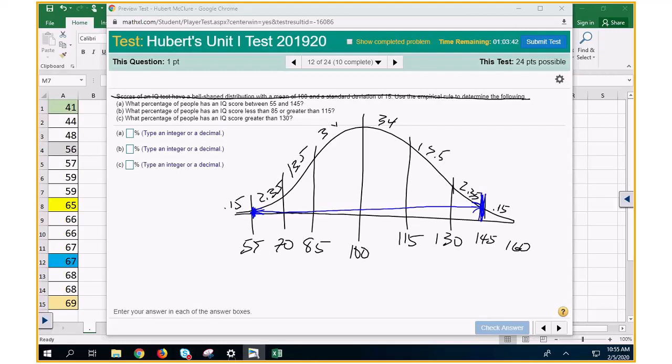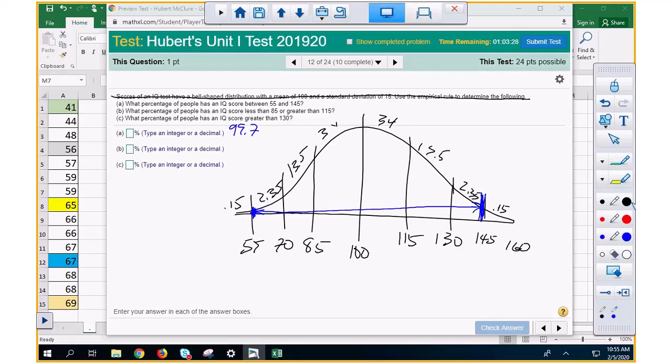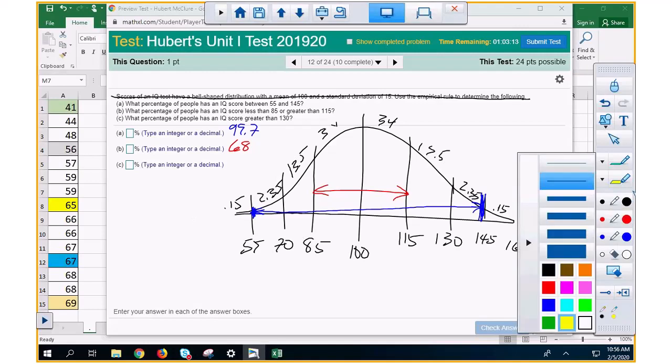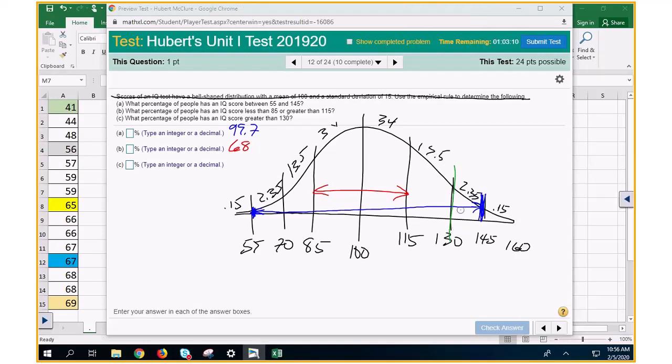All right, so that's going to be 0.15 and 0.15 is 0.30, so that'd be 99.7. Take another color, let's do green or red, and let's do 85 to 115. Well, that's simple, 68. And the last one is greater than 130, so take our green marker: 2.5%.